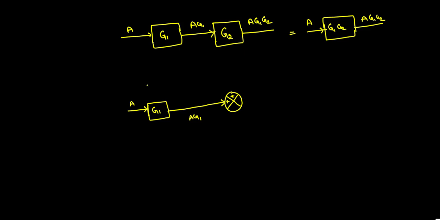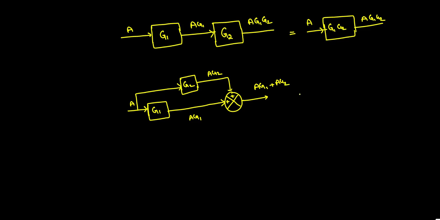Similarly, suppose there is one more block here, say G2, and you give A as the input. Then A is multiplying with G2, this is coming and adding here. This will become A into G2. So what is the output here? Output is the summation of A into G1 plus A into G2.